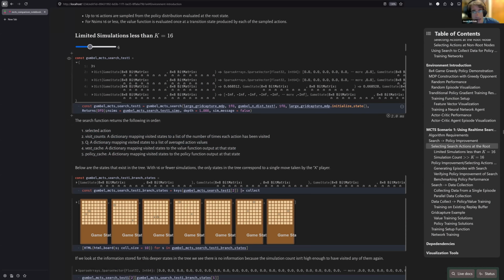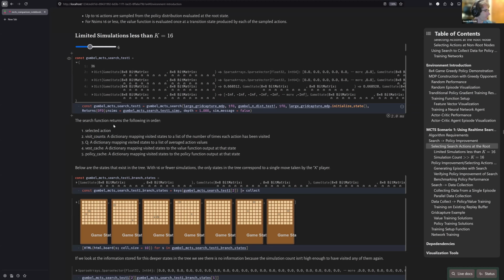The first thing is just the action that it actually is recommending. Then these are all the components of the tree. So there's the visit counts, the action values. These are like estimates for every state, and these are all structured in dictionaries. So it's a mapping from the game state to these various things.